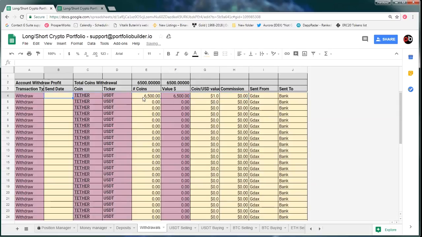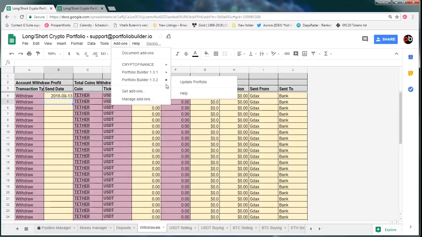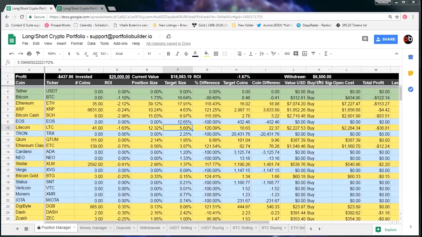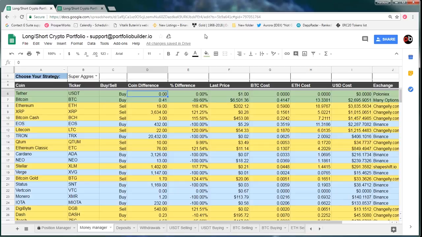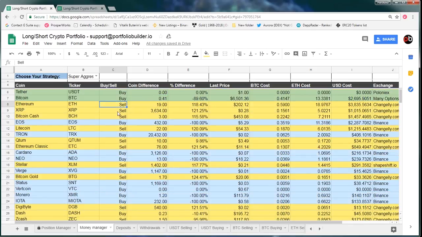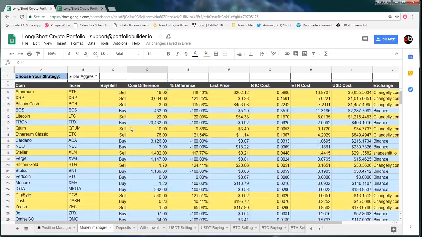And if I use Coinbase, I can get this all done for free. Trigger an update. And now you can see I've withdrawn my $6,500, and now the money manager is going to have to recalculate everything, which is going to mean I need to sell off all these other coins that are now overvalued so I can buy some Bitcoin and rebalance.